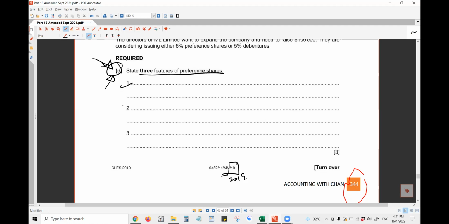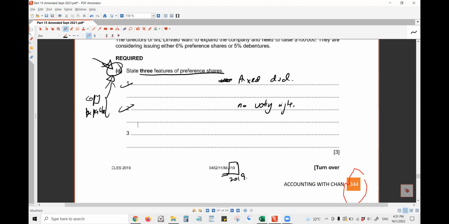So the first 2 points you write yourself. Okay, just copy and paste from the previous question. Firstly, talk about the fixed dividends. Secondly, talk about the no voting rights. Okay, number 3, you can talk about the priority in getting dividends.